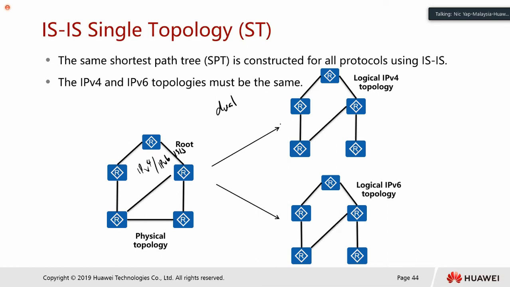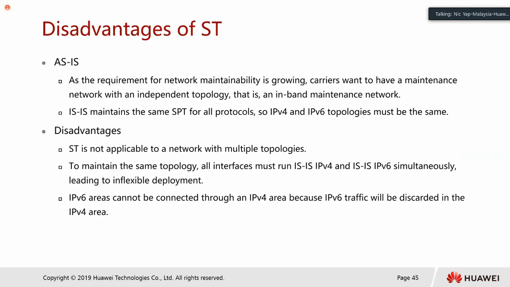They must follow the same information. All right. So for the advantage and the disadvantage of ISIS, with IPv4 and V6 using a single topology, as the requirement of network maintainability is growing, you need to maintain the network with independent topology, while with a single topology they need to maintain the same shortest path tree for all protocols. So that is how it is.